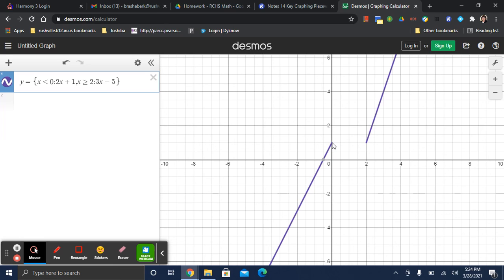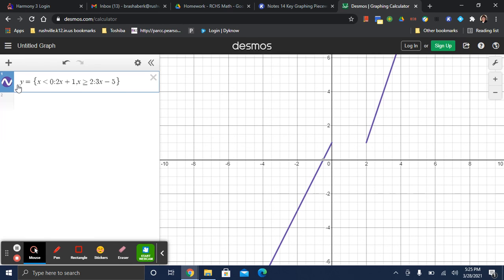But on Desmos, that does not always happen. So you're going to have to go by what your charts are telling you. Here, you can get to that 2, 1. But this would at least give you a picture of what the graph should look like as you make your graph choices.